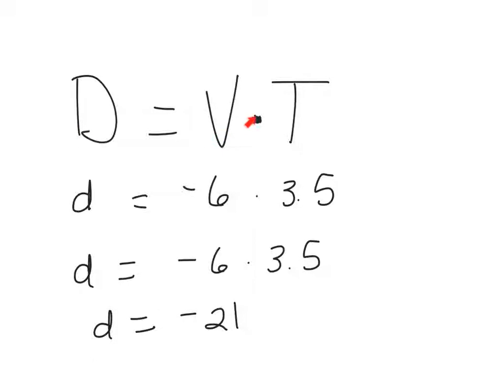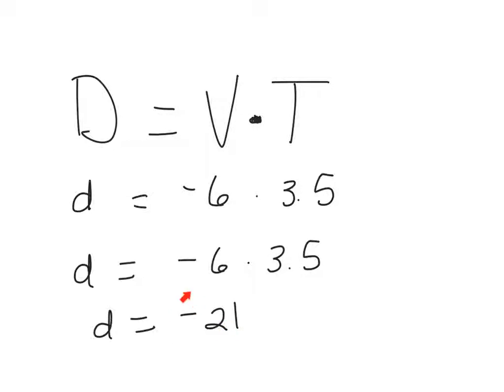V for velocity times time equals D. I already told you that the velocity was negative 6, and you're going to be asked to figure out after 3.5 seconds, so that's the time here. So D equals negative 6 times 3.5. D equals then negative 21, and so you would explain that by saying the squirrel's change in position is negative 21 feet.